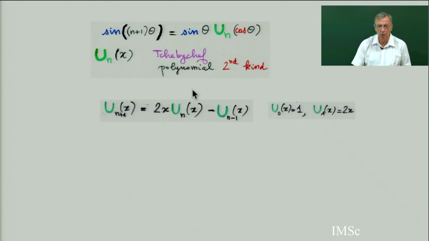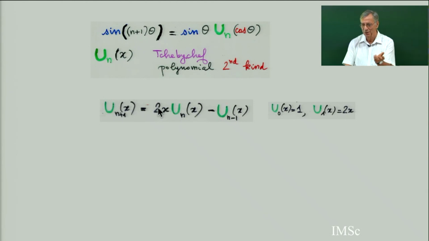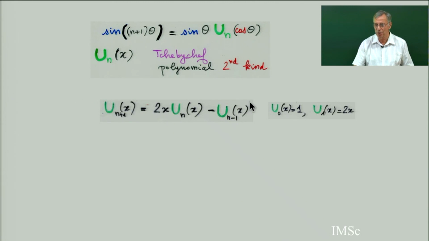And so if I look at the Chebyshev second kind, they satisfy this three-term recurrence with this initial term. The Fibonacci polynomials satisfy an analogous three-term recurrence. This I will not prove, it's just an elementary consequence of trigonometry with sinus.